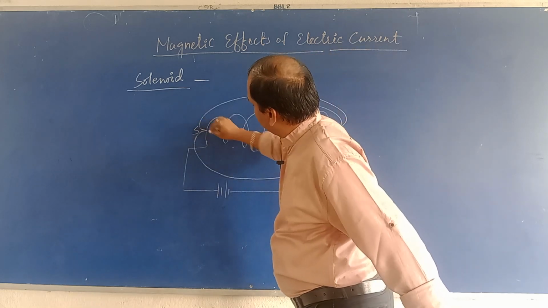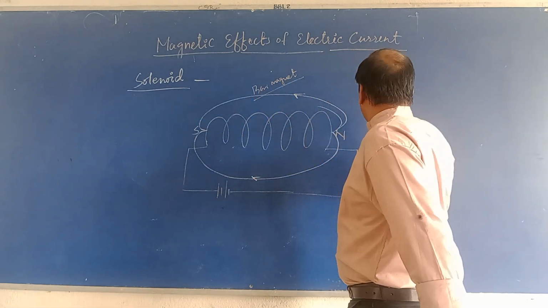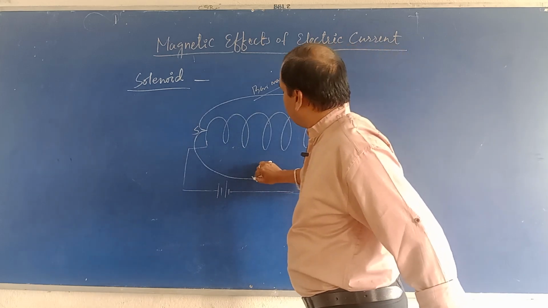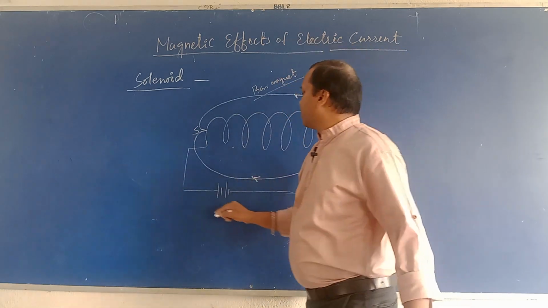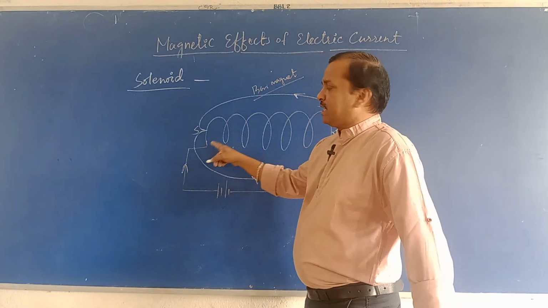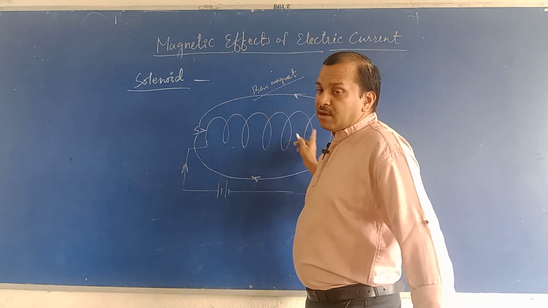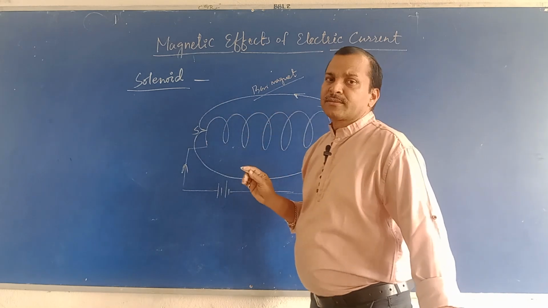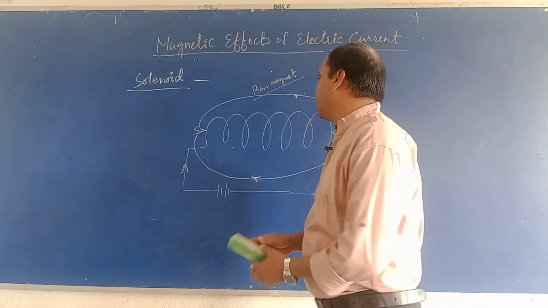Same here, but you have to give the arrow mark. Again and again I am saying you have to give the arrow mark, otherwise you are not getting any mark. Clear? When current passes through the positive side, it is the north side, north to south. I think the solenoid is clear.